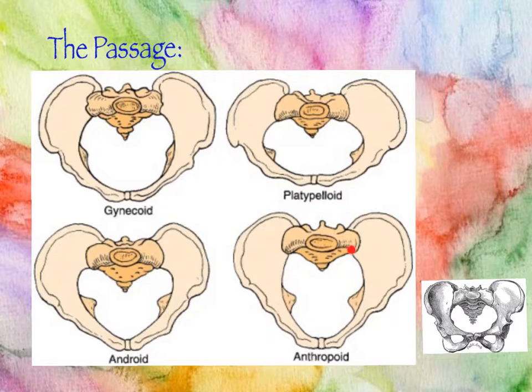You have the anthropoid pelvis, and a lot of times you can also accomplish vaginal delivery. It may be a longer labor, but you can see the diameter is large enough to fit a decent sized head through. But this platypelloid pelvis, which is flattened in shape, really does not bode well for a vaginal delivery. So that's another factor that we are concerned with.